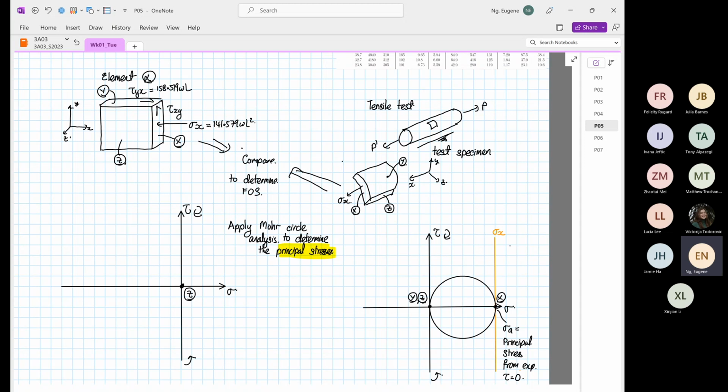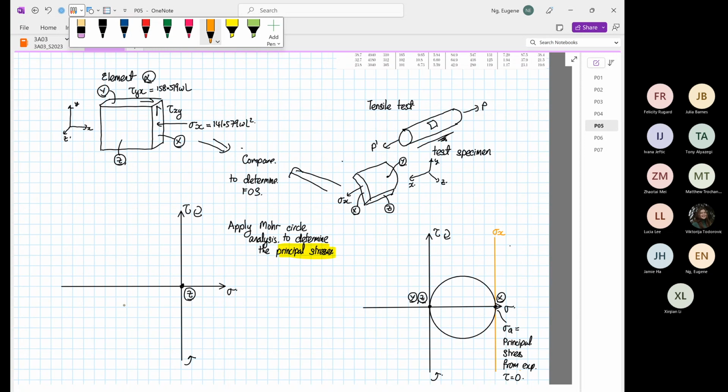Okay. So next we are going to sketch our point Y, our stress X line.